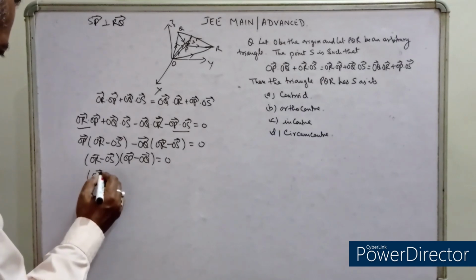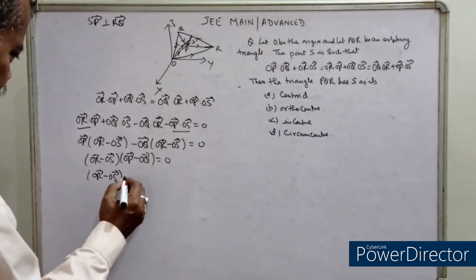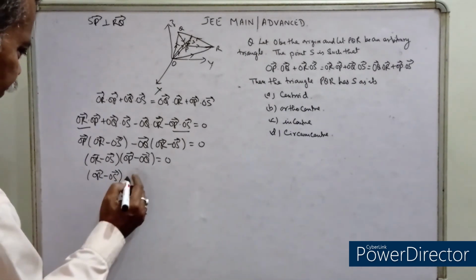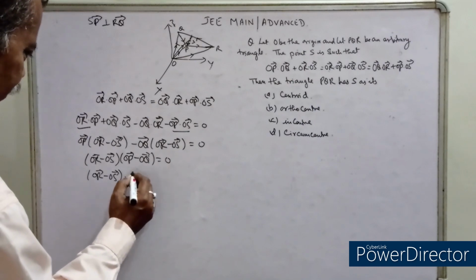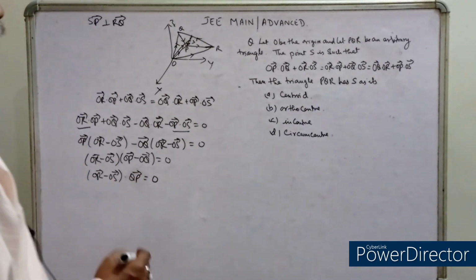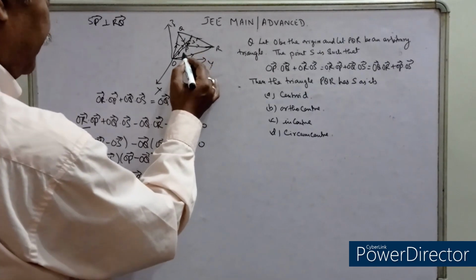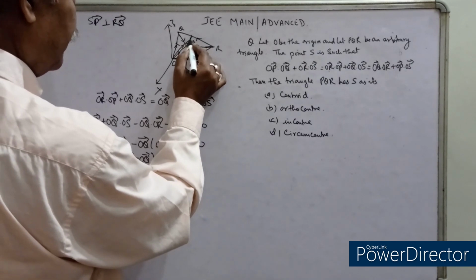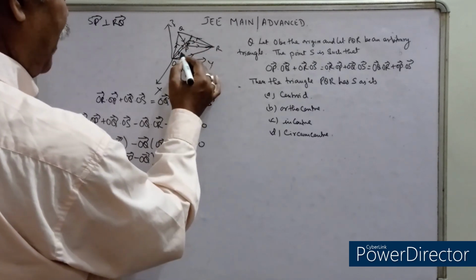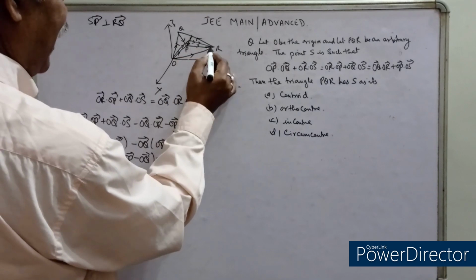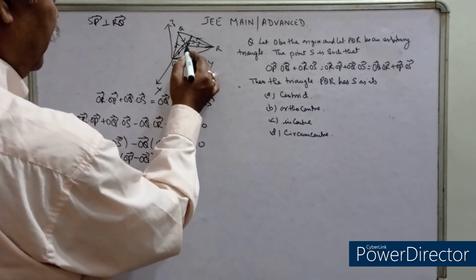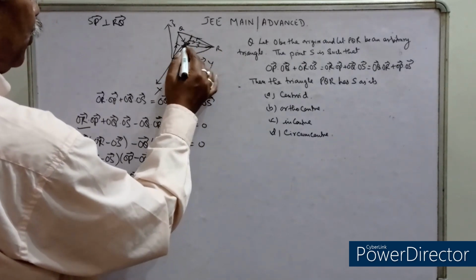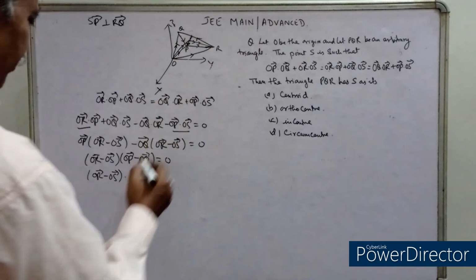So here your OR vector minus OS vector dot QP vector is equal to 0. Now OR minus OS, so this is your SR vector, since OS plus SR is equal to OR, so SR vector is OR minus OS vector.